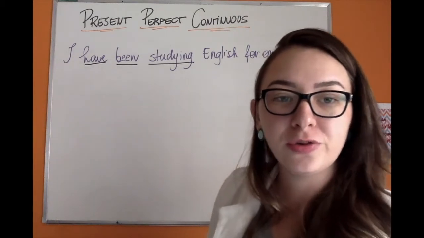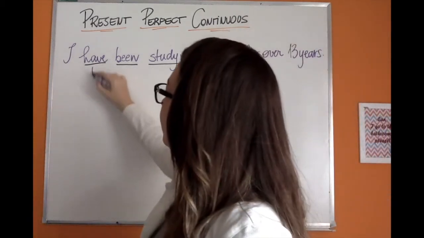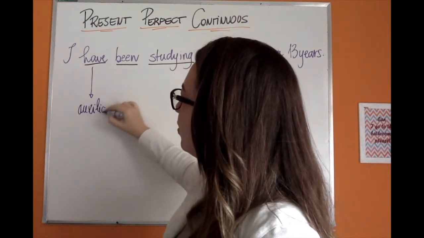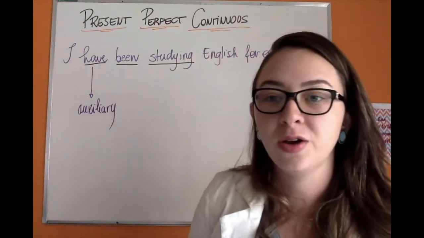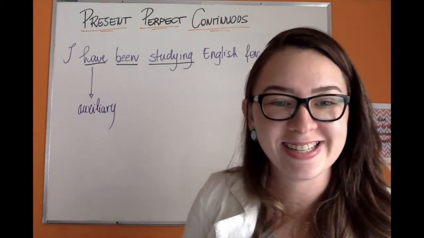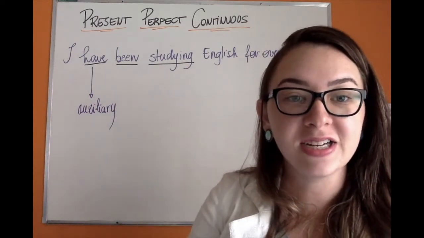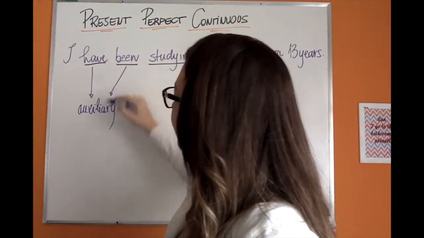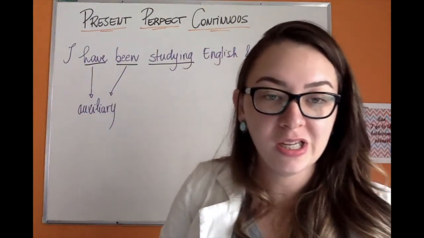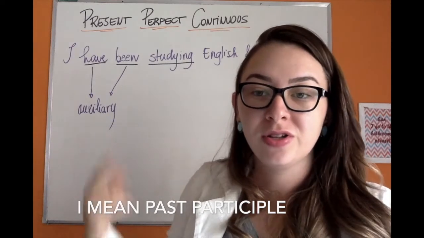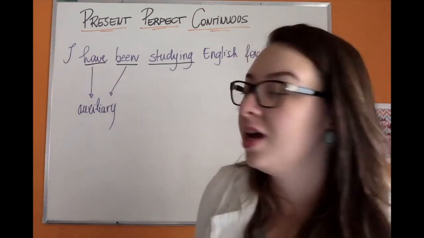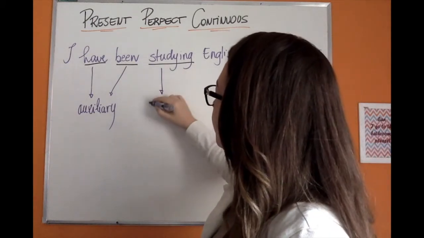We already know that the verb have is the auxiliary verb in perfect tenses. Now we have a second auxiliary verb. Is the verb been, verb to be in the present participle. So now we are working with two auxiliary verbs and one main verb.